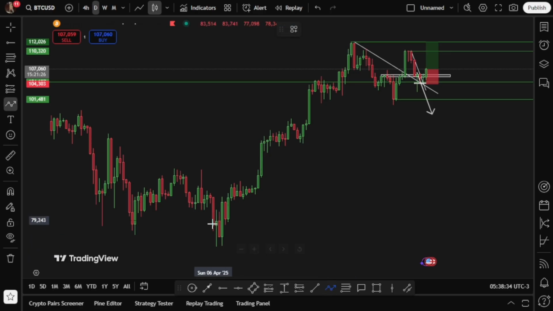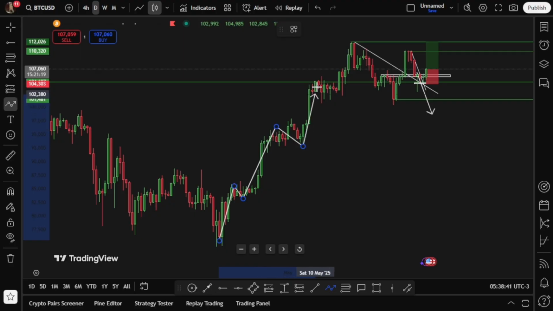So we have this push, a higher high, higher low, higher high again, a higher low, a higher high, higher low. Price pushed above, came back, but could not break this previous low, rather created a massive rejection around here. If you go to the weekly time frame, you observe that, and then push back up.